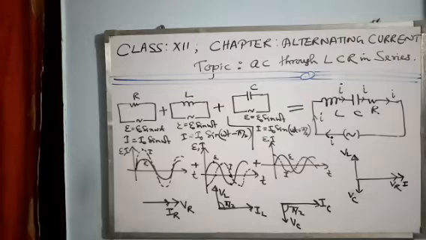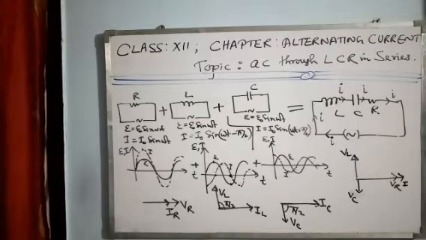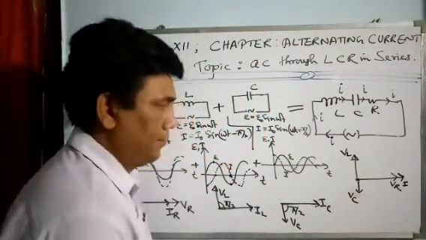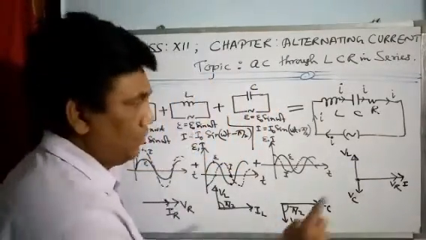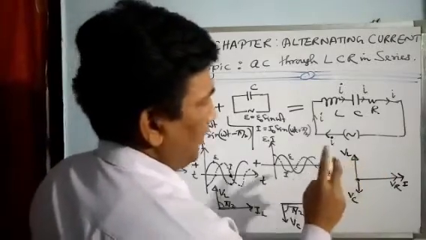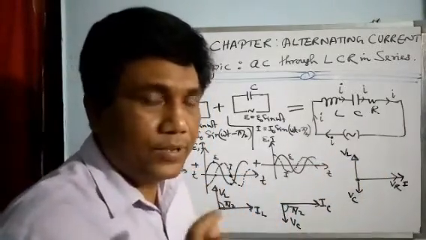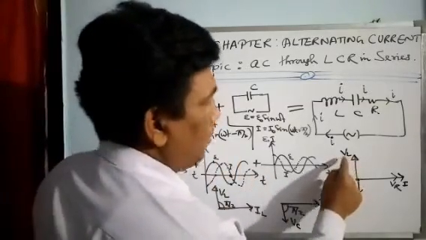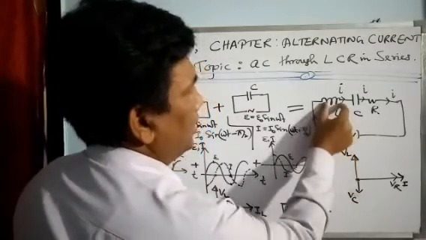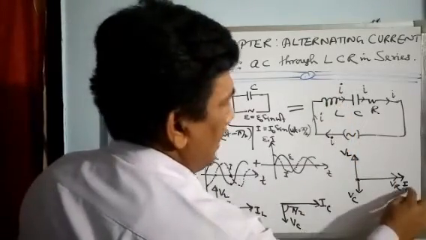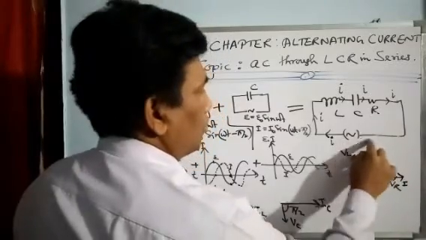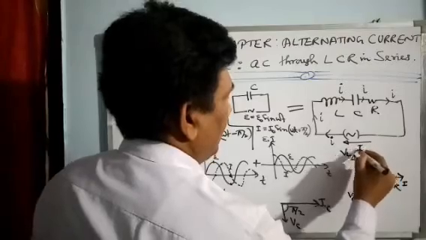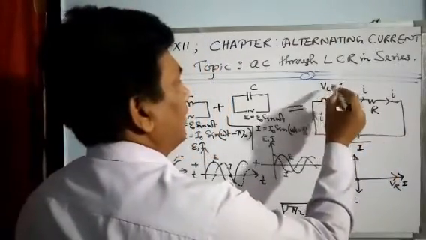Guys, it's very important to understand this phasor diagram. Now you see what interesting thing happened here. Listen to my question properly. What is the phase difference between the voltage across the inductor and the current through the circuit?